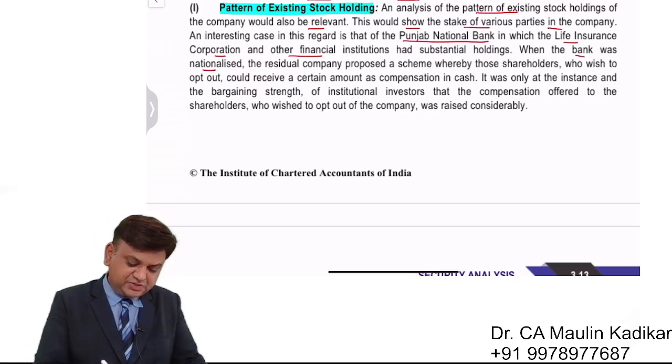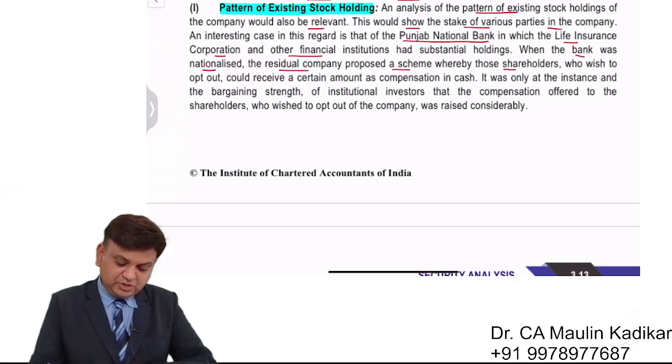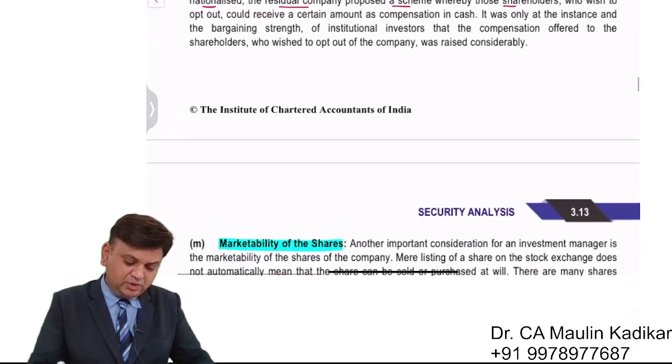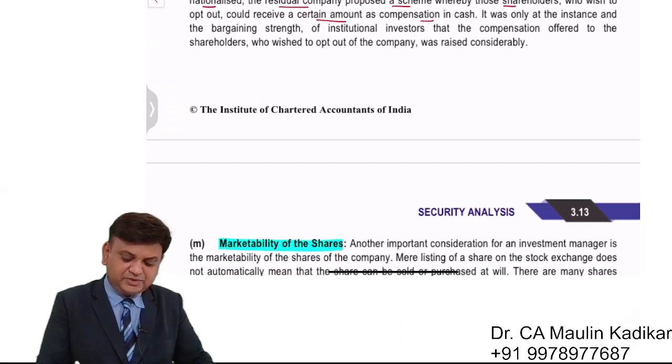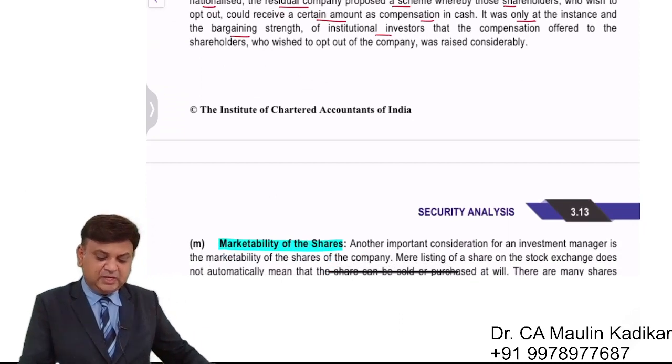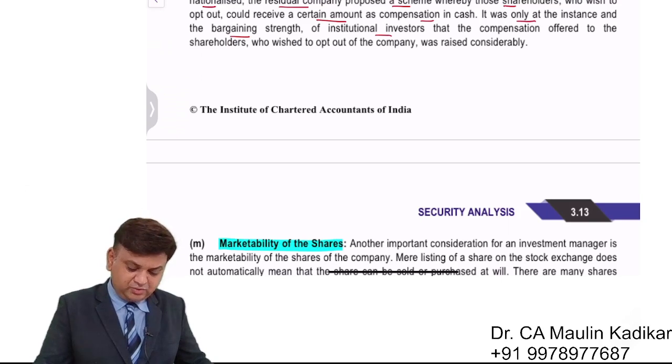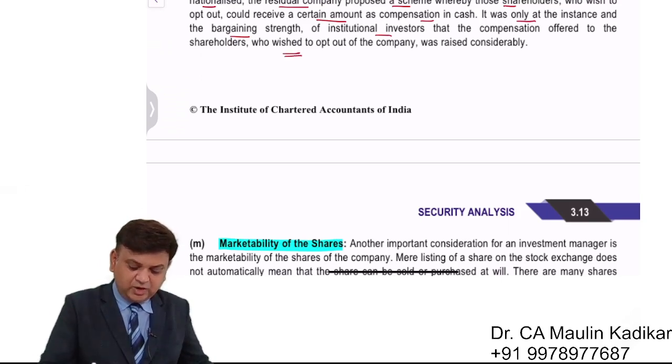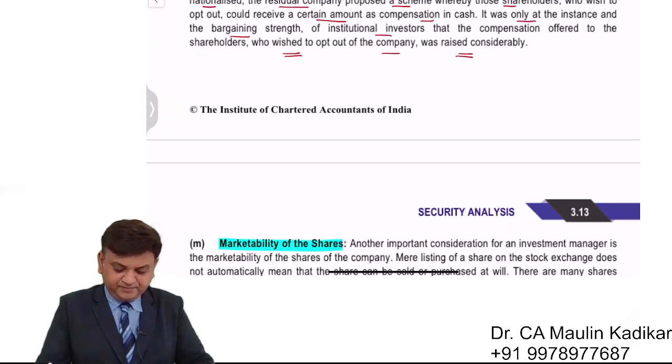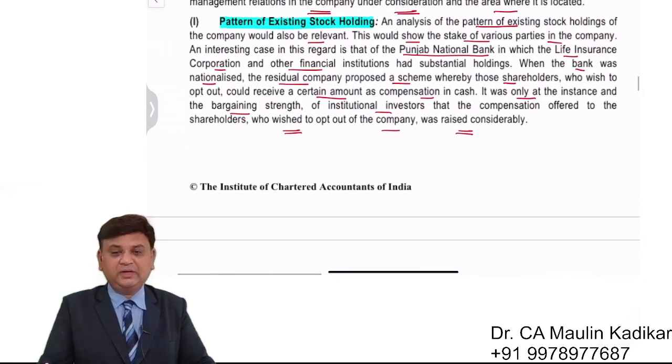When the bank was nationalized, the residual company proposed a scheme where those shareholders who wished to opt out could receive a certain amount as compensation in cash. It was only at the insistence and the bargaining strength of the institutional investors that the compensation offered to the shareholders who wished to opt out of the company was raised considerably. यानी सब लोग अगर ऑप्ट आउट हो रहे हैं, then in that case it is not a good sign.